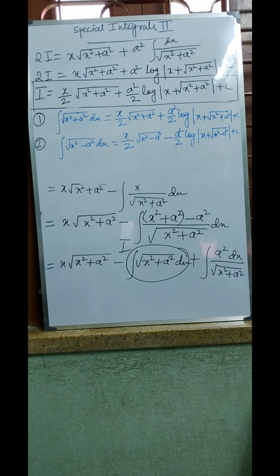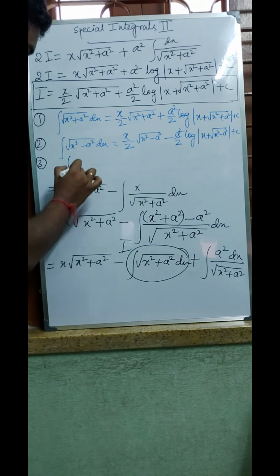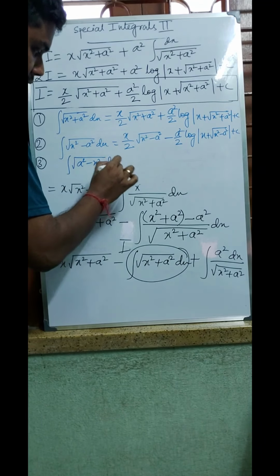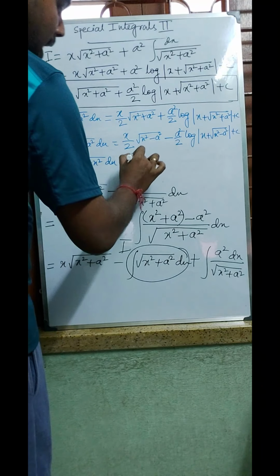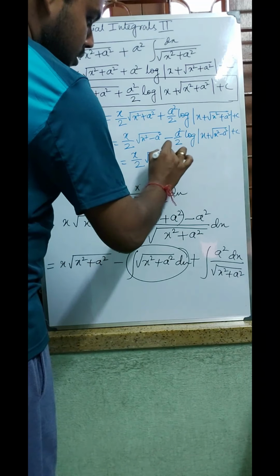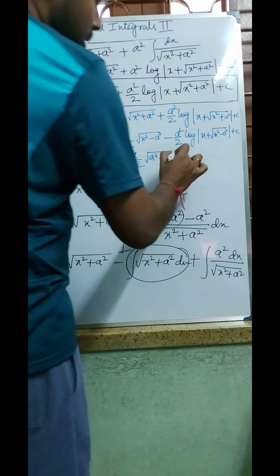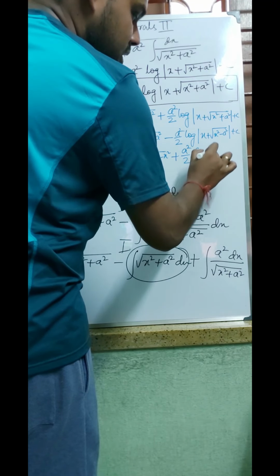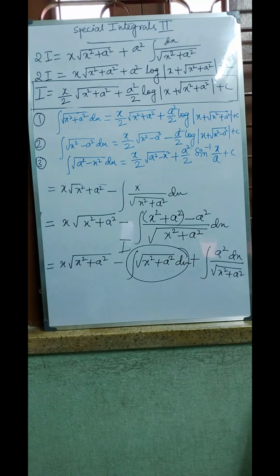And the last one, integration under root a square minus x square dx, that is equals to x by 2 under root a square minus x square, so that part is same, plus a square by 2 sine inverse x by a plus c.